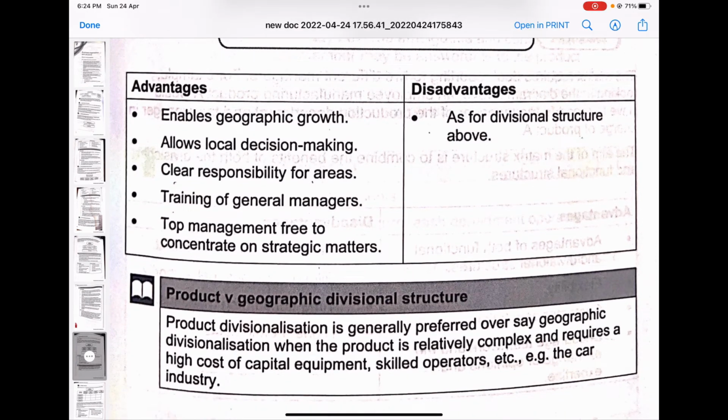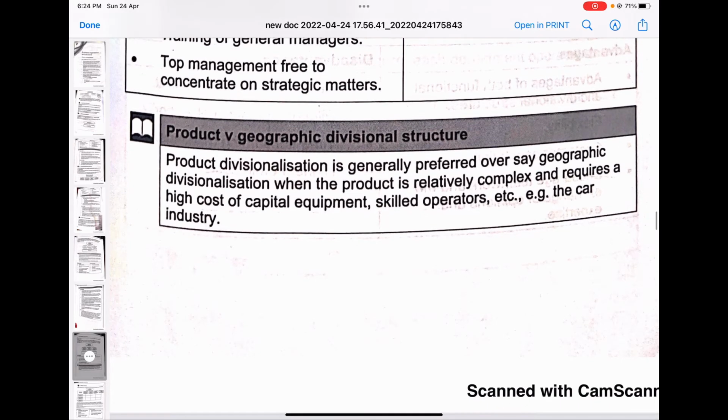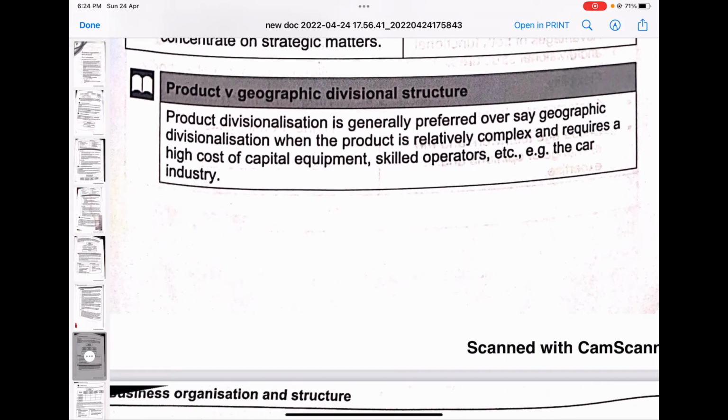And obviously the advantages are that it enables geographic growth, which is kind of obvious, it allows local decision making, and we have clear responsibility for areas, training of general managers, and top management free to concentrate on strategic matters. And the disadvantages are literally the same as what we saw for divisional structure. Moving on, we have product versus geographical divisional structure.